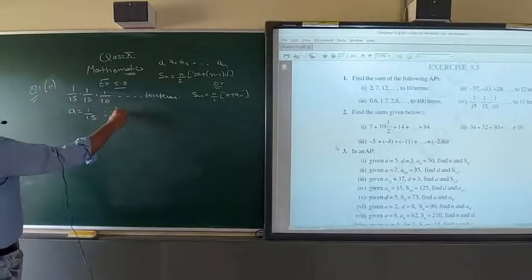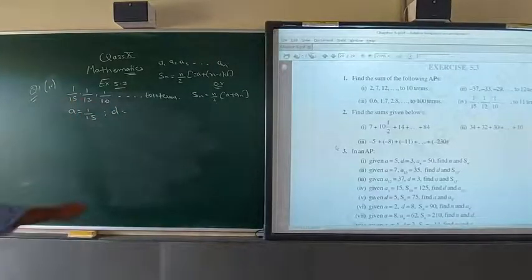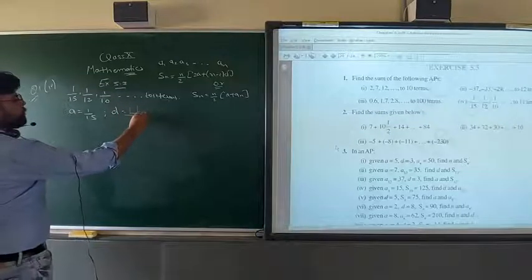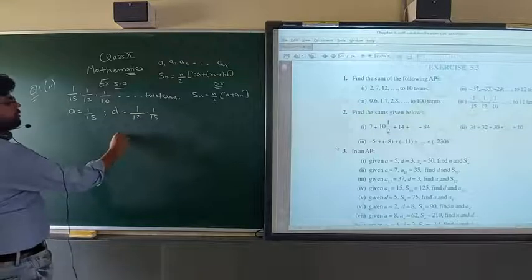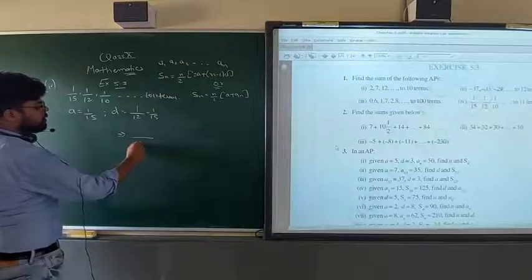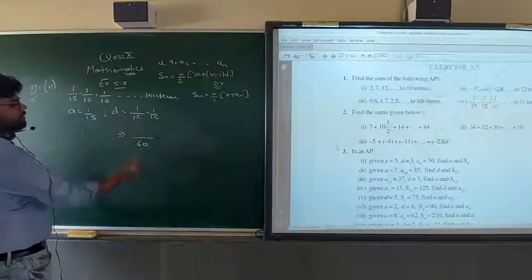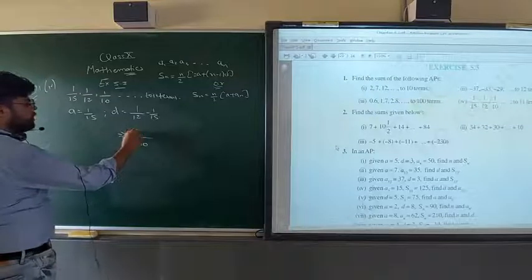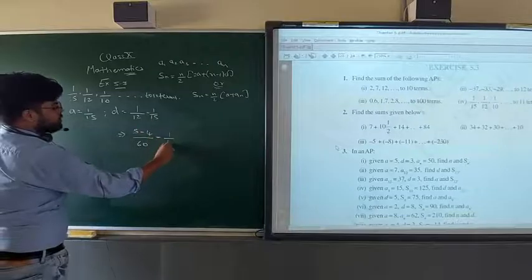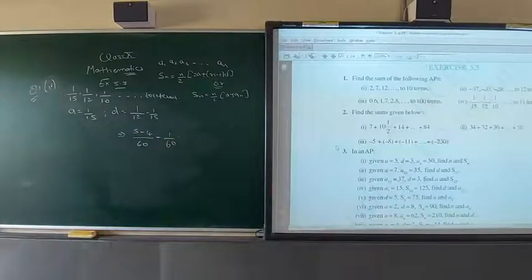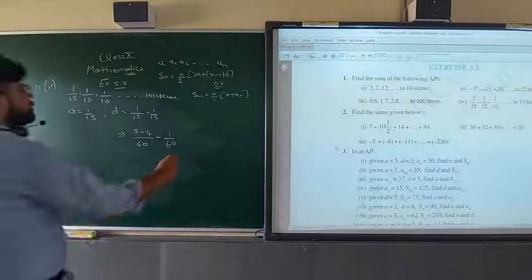Then d is the second term minus the first term, that is 1 upon 12 minus 1 upon 15. If we solve, the LCM will be 60. In the table of 12 it comes 5 times, and in the table of 15 it comes 4 times. So 1 upon 60 will be d, and n is 11 terms.